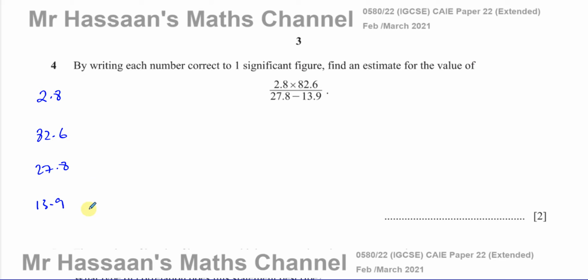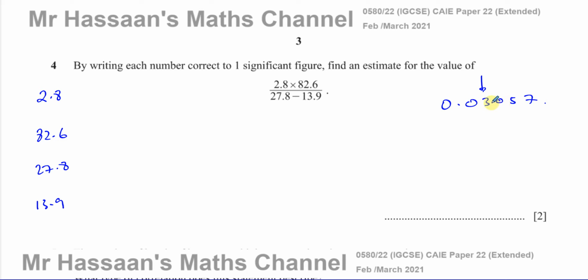In all of these numbers here, it's basically the first number that you see. It's always the first non-zero number that you see in a number. So if one of the numbers was, say, 0.03057, then this would be the first significant figure because it's the first number that's not zero that you see.